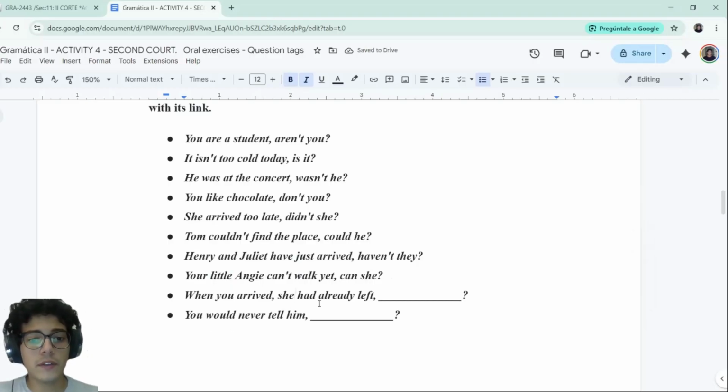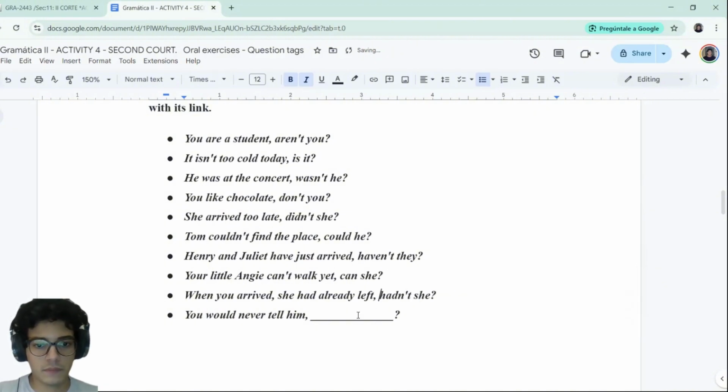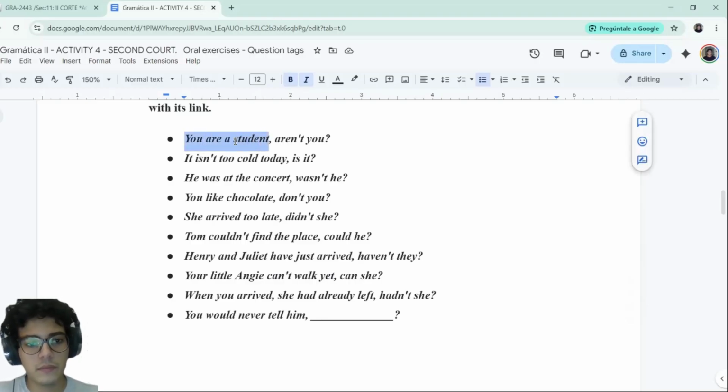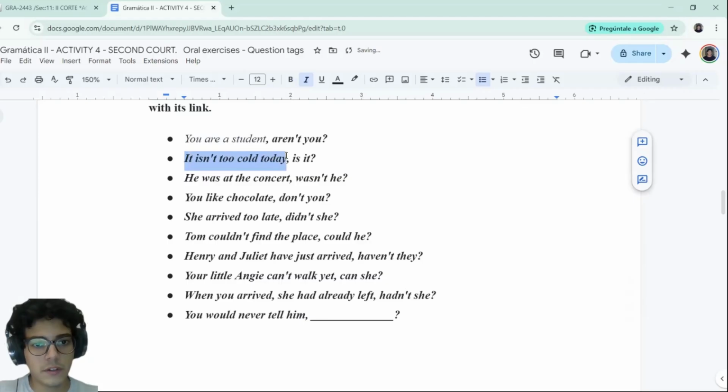When you arrived, she had already left, hadn't she? And finally, for the sake of clarity, let's change this so the question marks are more clear to see.